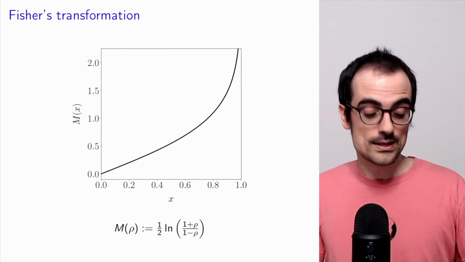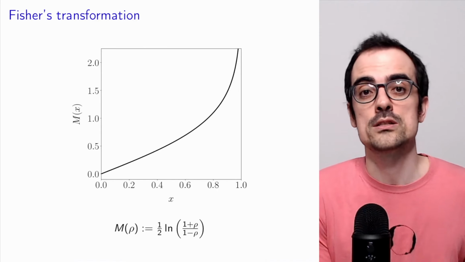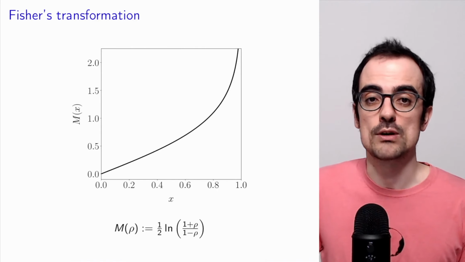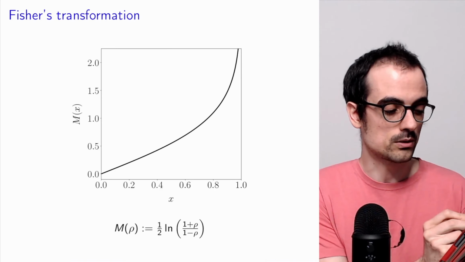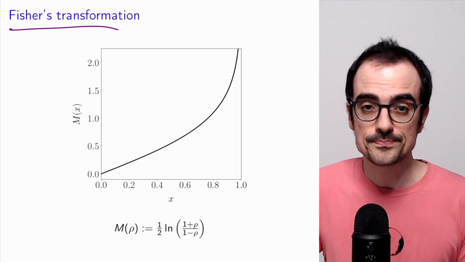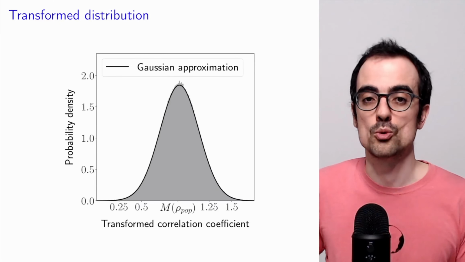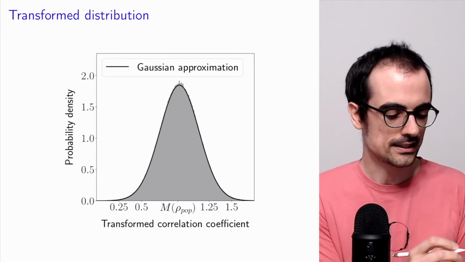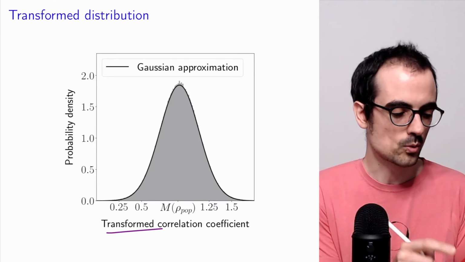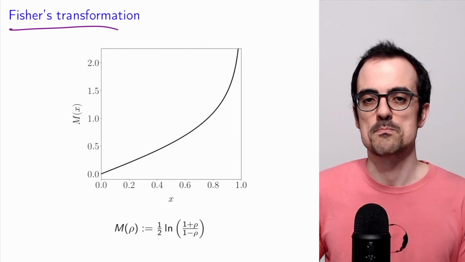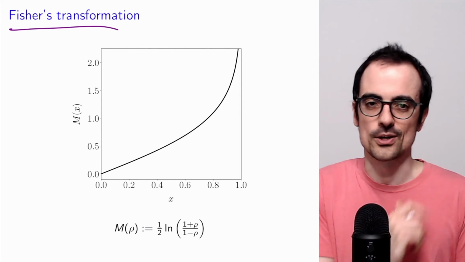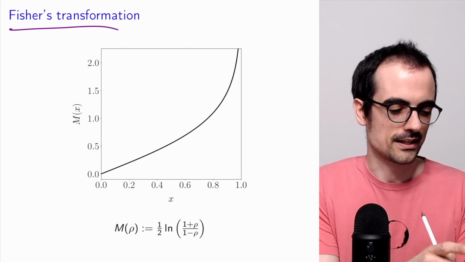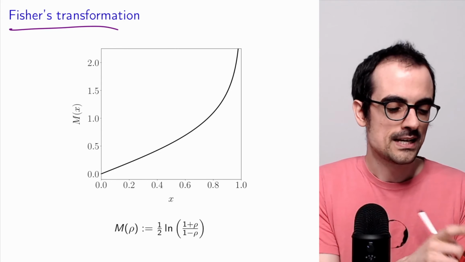And we can actually address that issue because in the case of the sample correlation coefficient, if we apply this monotonic transformation, which is called Fisher's transformation, we can map it to have a Gaussian distribution. This is the transformed correlation coefficient once we have applied this monotonic transformation. It's not obvious why this happens. Fisher was a very smart person and he figured out this formula.